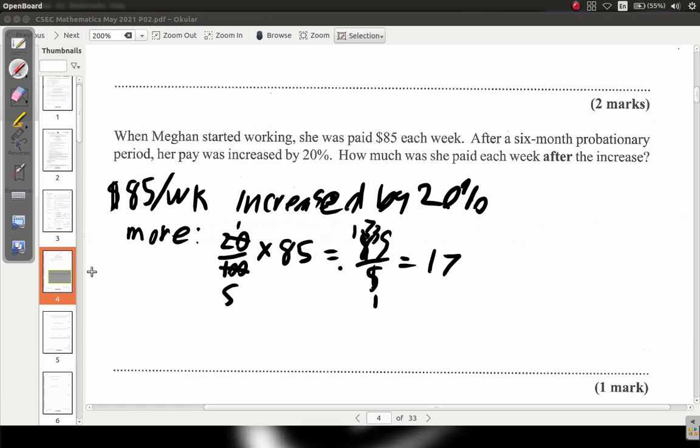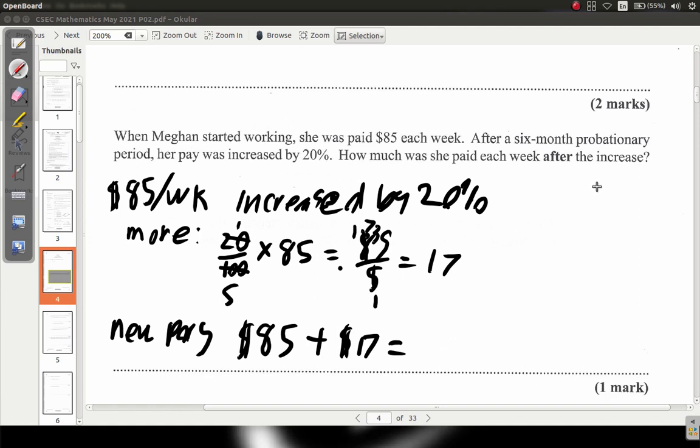So now, the new pay. How much pay shall I get now? The old pay, $85, plus the new pay, $17, equals how much? Let me try to do it without the calculator. 85 plus 17, although in our exam you just do it with the calculator quickly because you have limited time.